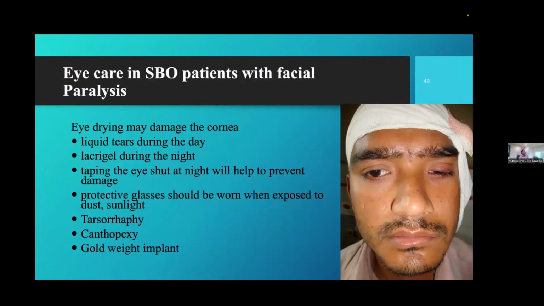For facial nerve palsies, you have to prevent exposure keratitis, right? So I think everybody knows about the management of facial nerve palsy, and the immediate management is to prevent exposure keratitis. You have to put lubricating gel at night, and the patient is asked to close the eye. In case he's not able to close the eye, you have to do a tarsorrhaphy, or you can do a gold implant, right?